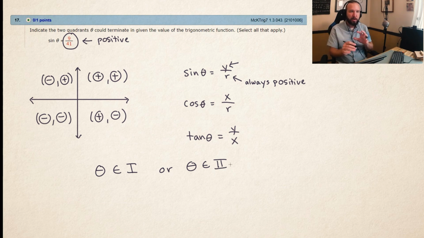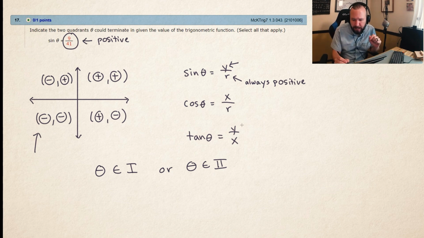I encourage you to think about this and try to decide which trig functions could be positive in which quadrants. Probably the really interesting one is what happens to tangent in quadrant 3. Tangent is y over x, and in quadrant 3, they're both negative.